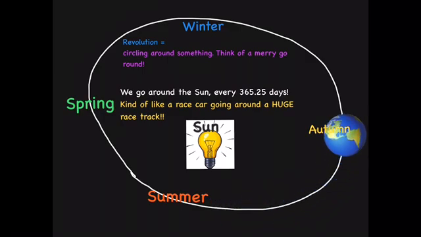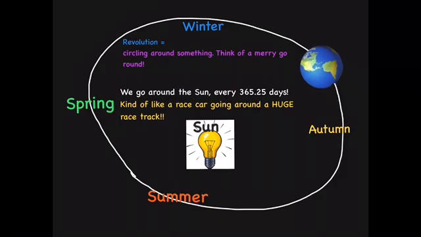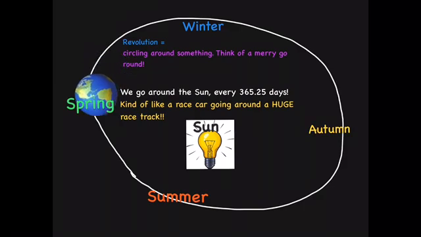If we didn't have leap years every 4 years, then you might be going to school when it's really hot out and having your summer vacation when it is really cold out. So thank goodness we have the leap year every 4 years to make up for that 0.25 of a day.